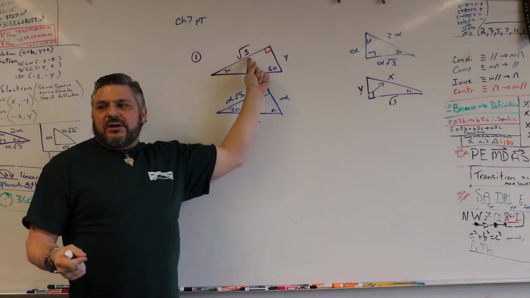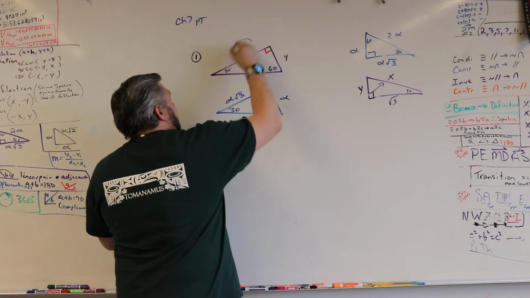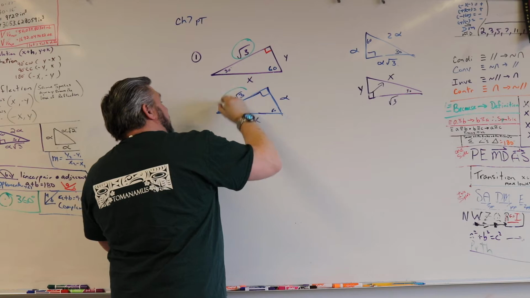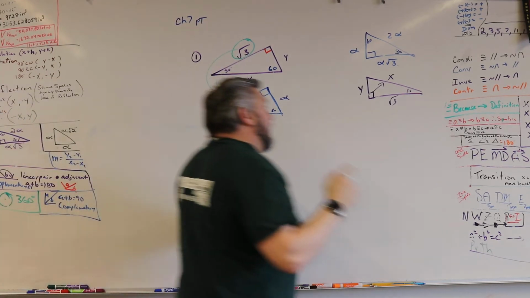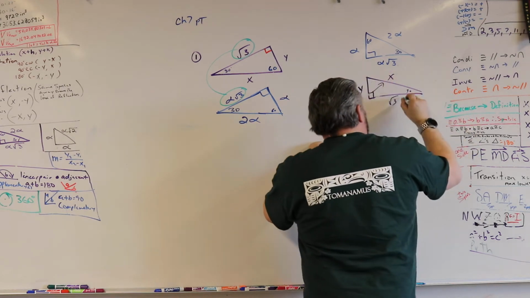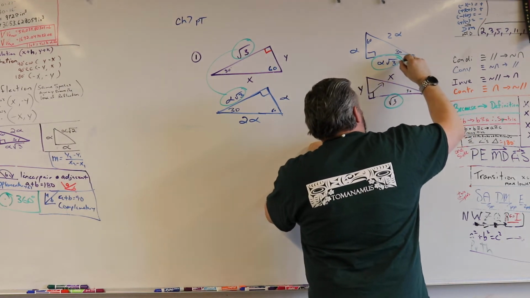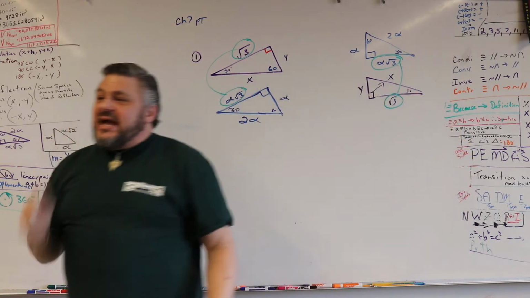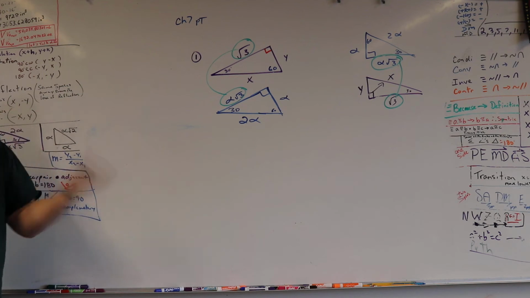Is square root of 3 a number? Yes. Square root of 3. I'm going to circle that. And I'm going to circle that. Because those sides go together. If that's what you're doing over here, you're going to circle this, right? Then you're going to circle that. And those sides go together. It doesn't matter which one you're doing. It's the same in both of them.